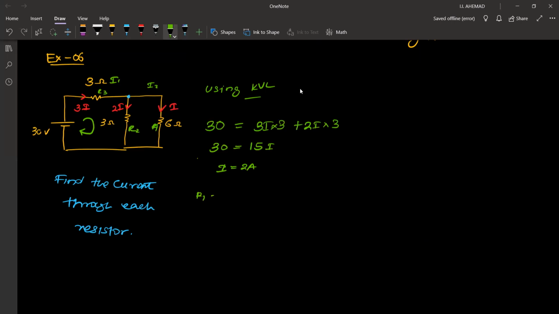In R1, it's 2 ampere. In R2, it's 4 ampere. And in R3, that's 6 amperes. Amna and Shahama, is it clear how we mark the current first and second, how we found them separately?